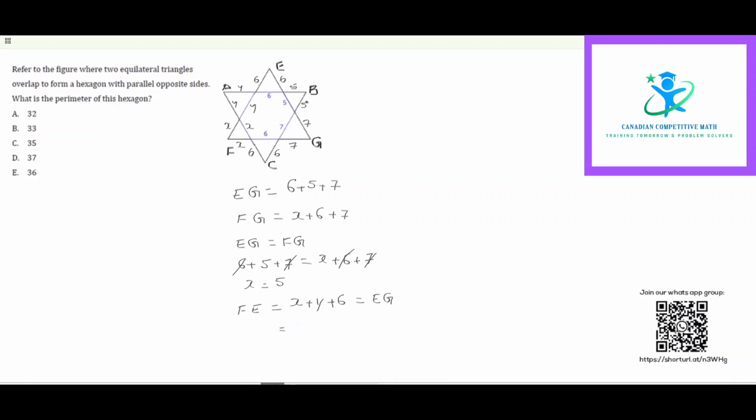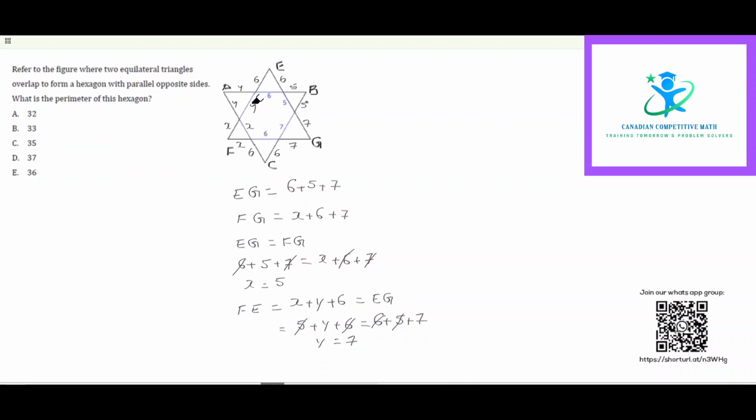We know X is 5, plus Y plus 6, equals 6 plus 5 plus 7. So we cancel this here, Y equals 7.